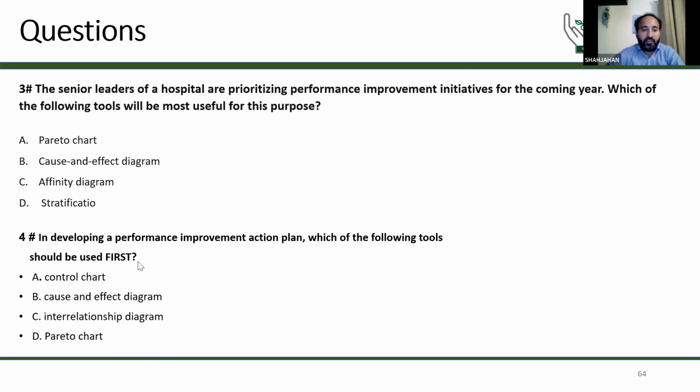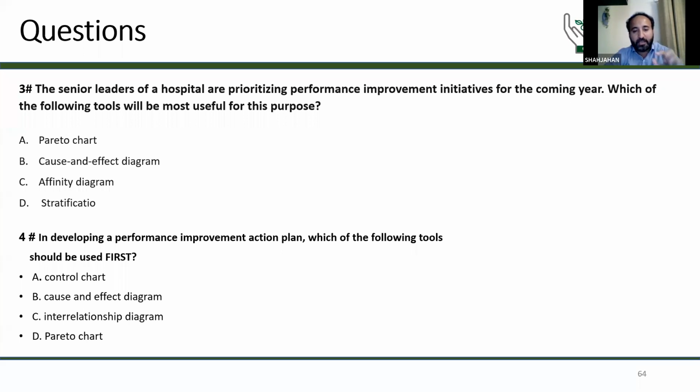Number 4: in developing a performance improvement action plan, which of the following tools should be used first? This is like the exam, the same questions are coming in the exam. They are just tricky.